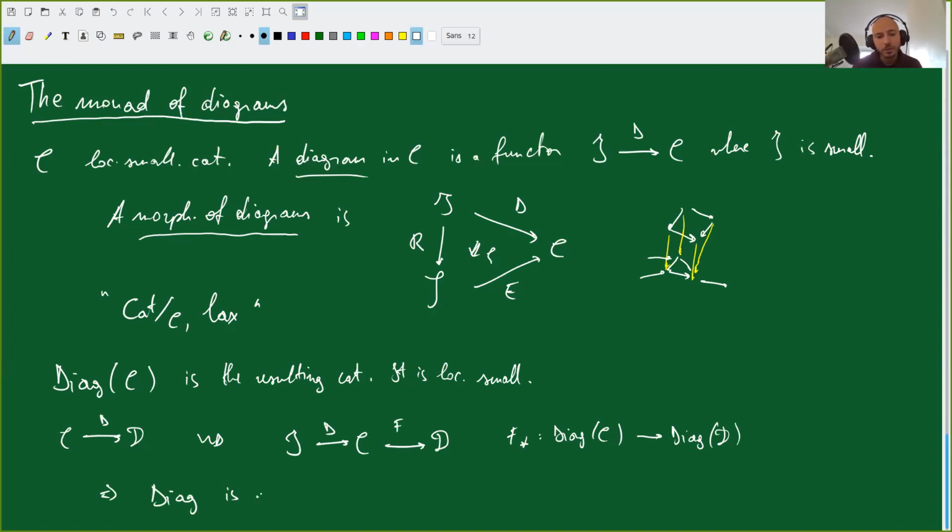Well, it's even a 2-functor. I mean, you can also do the same with natural transformations. And so this is a strict 2-functor, okay? That's one of the main reasons why we want to use this monad, because the monad of small presheaves is weak instead. And of course, one can strictify it, but then it becomes not very explicit. So this instead is very explicit and strict, okay? So that's the functor part of the monad of diagrams.